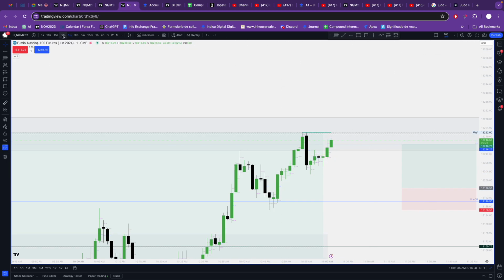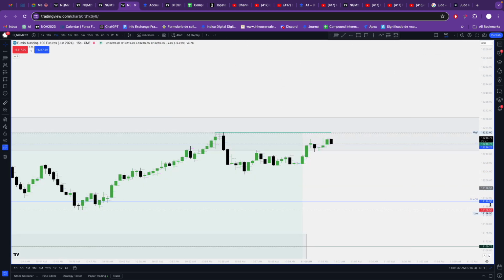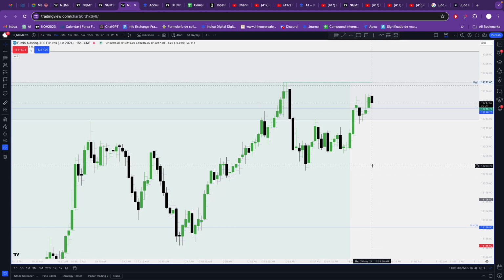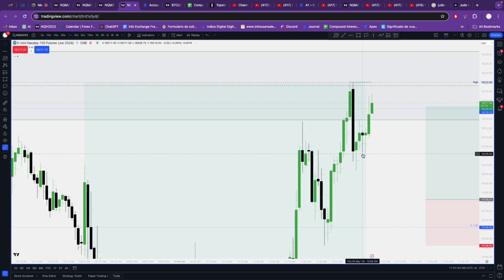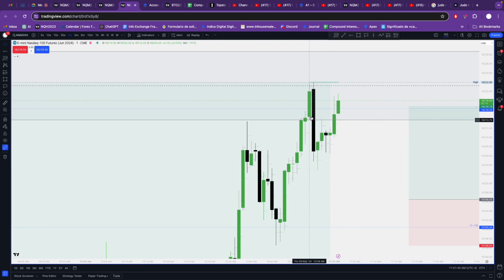That's 2. And then number 3 would be this fair value gap right here, right? That's been inversed. But this is also a 1-minute change in state of delivery. If this gets rejected, then we're definitely going to move up higher.